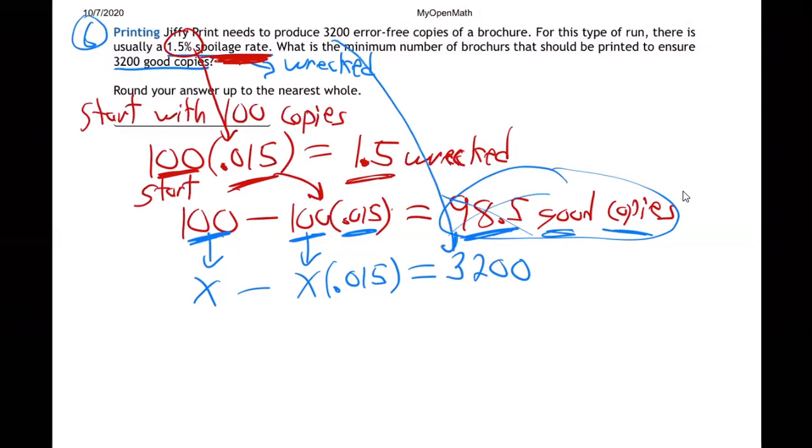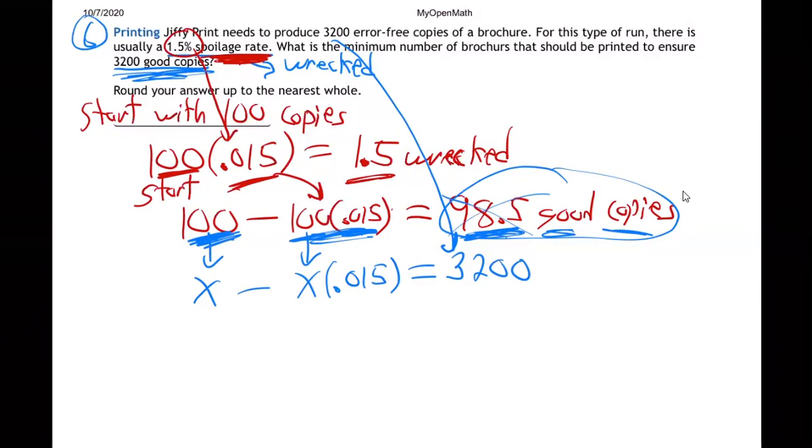Right? 3,200 good copies. Does everybody see that? I just observed what we did with 100 because we think better with nice, easy, real life numbers than we do with an X or with really ugly numbers. So I just say start with 100. You would take the 100 copies minus 0.015 times the 100 copies that get wrecked. And that would leave you with 98.5 good copies.